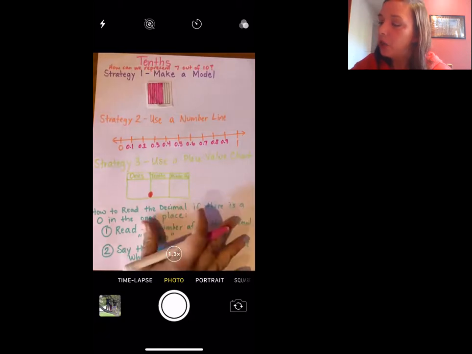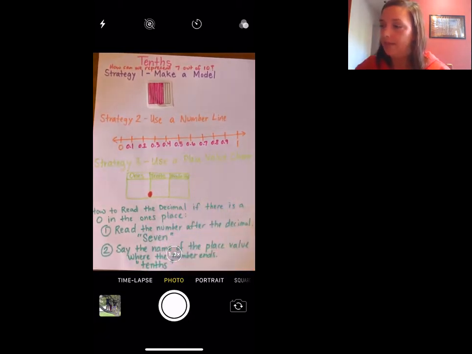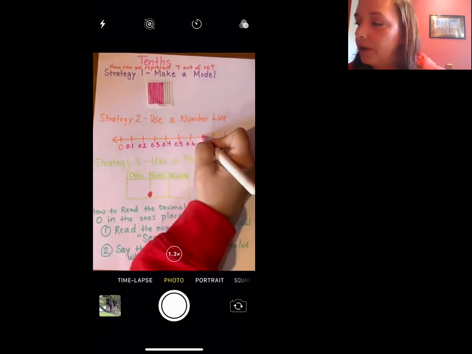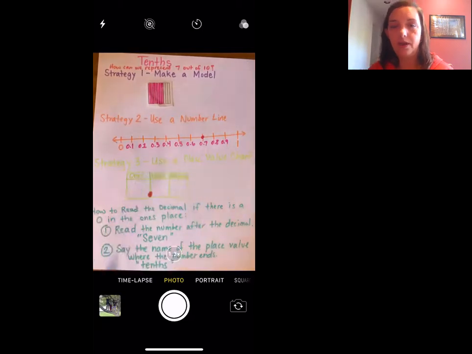So at 7/10, I would put my dot there on the number line. So that's using a number line for tenths.